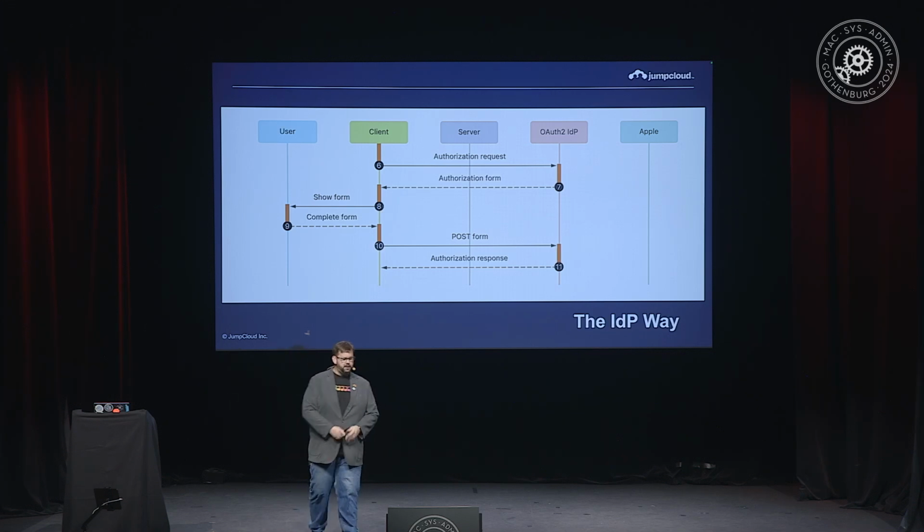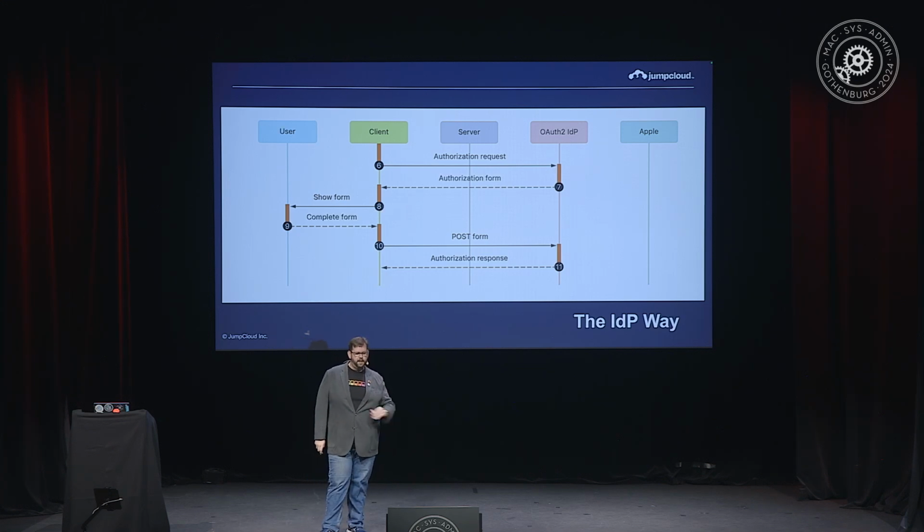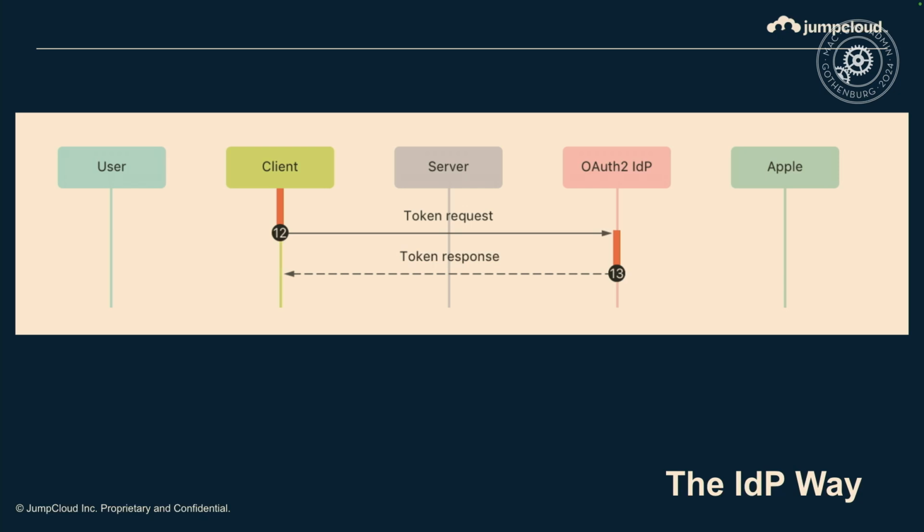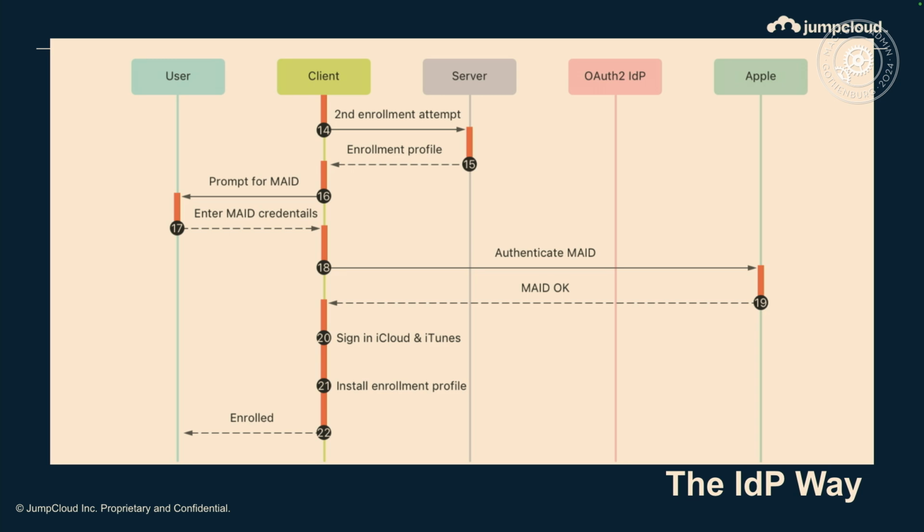So, in this case, the client makes the authentication request of the IDP and not the server. The IDP sends back that authorization form. They do the show form, complete form, post form, authorization response dance. And at the conclusion of that box step, there's a token exchange. That token is your new bearer token for conducting communications around all of these things.